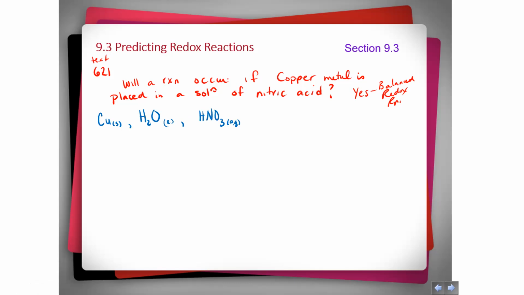I would give you those solutions. Now, nitric acid is a strong acid, so it's important for you to realize that this is going to exist as hydrogen ions and nitrate ions. We have to look at them separately. So those are the four things that are in there: copper, water, hydrogen ions, and nitrate ions.